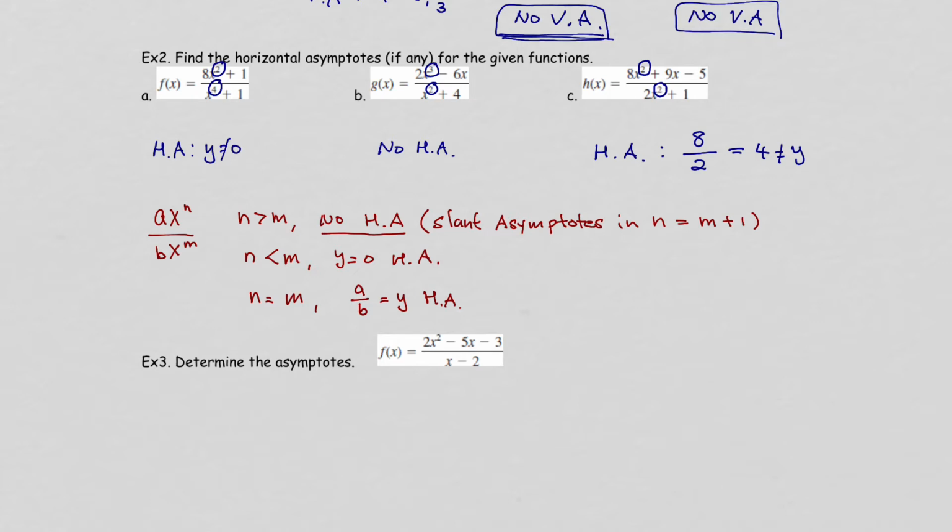So something like case B, you're going to have a slant asymptote because the numerator is just 1 degree higher. When you divide this, you end up getting a linear term, because when you're dividing it, you end up getting x left over. Then you're going to have a slant asymptote.